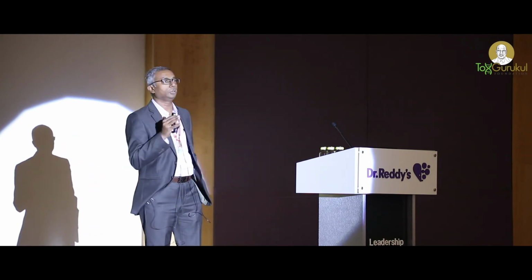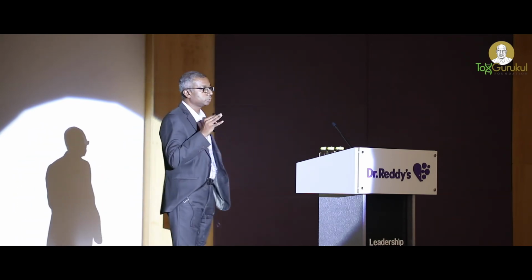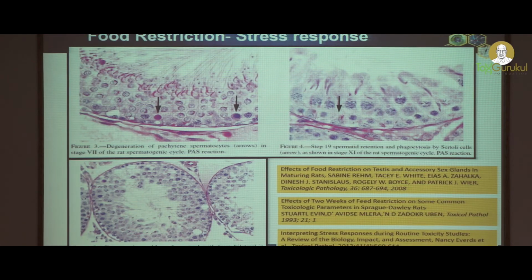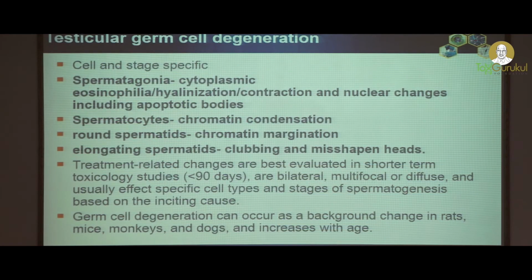Very important for pathologists and toxicologists to keep in mind whether the body weight changes were there, whether food consumption changes were there. So, with that introduction, the germ cell degeneration is always cell and stage specific when the early event of insult onto the testis happens.